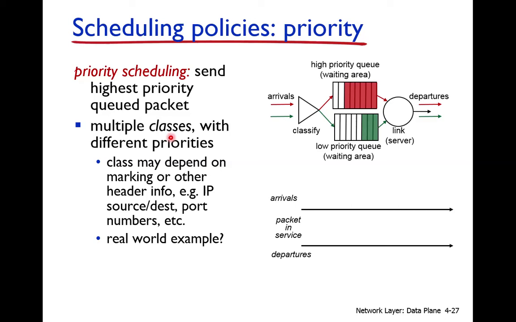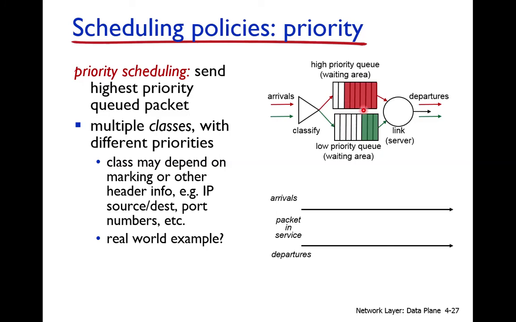How can the packets be mapped to different classes? We can define the classes based on destination IP address, destination port number, etc. For example, those packets that have destination port number 80 should have the higher priority. Those packets other than port number 80 should be low priority. So when the packets arrive, they are divided into different classes.